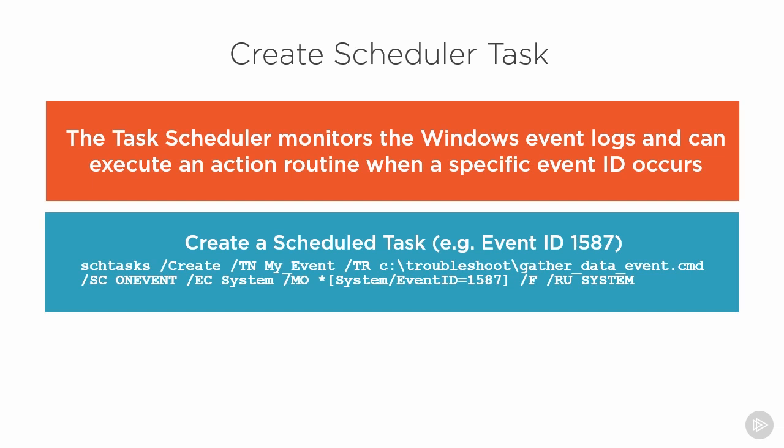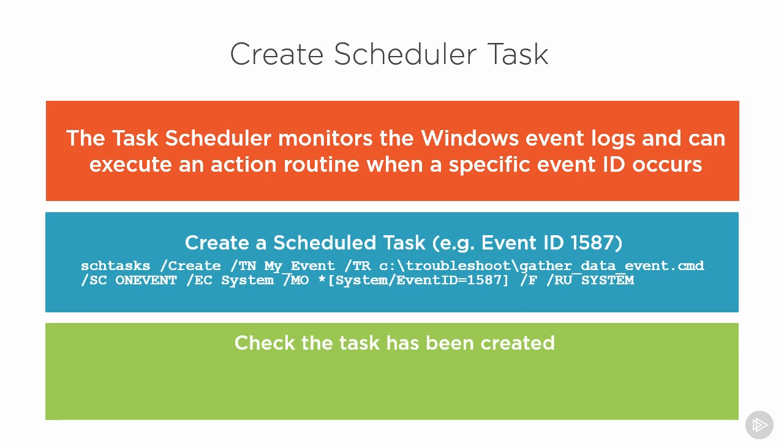Then the other parameters on the command are /sc for the scheduling frequency, which is on event. And the event channel is system with the modifier system event ID 1587. And the /f says to force it whether the scheduled task exists or not, and that we're going to run as the system account.